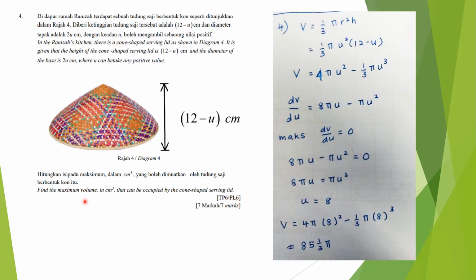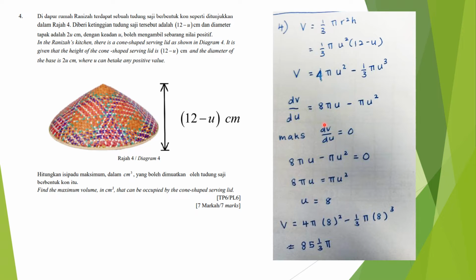So you must know that for maximum or minimum, when we differentiate, the first order must be equals to 0. So we differentiate first. dV, we differentiate to u. So dV over du equals to 8 pi u minus, okay, these 3 times with 1/3 becomes 1. So minus pi u square, power minus 1.